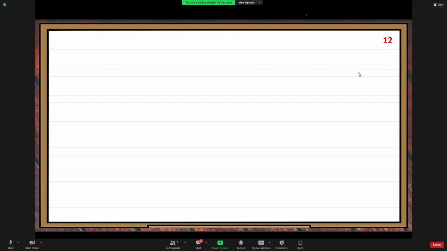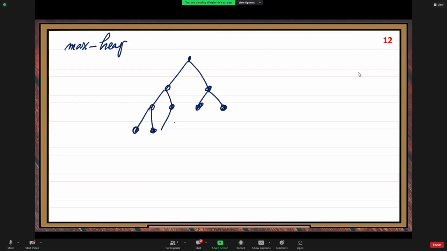Last one. Draw a max heap. Draw some levels, just enough many levels.